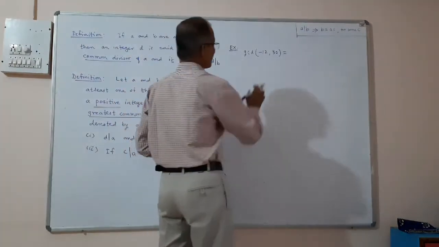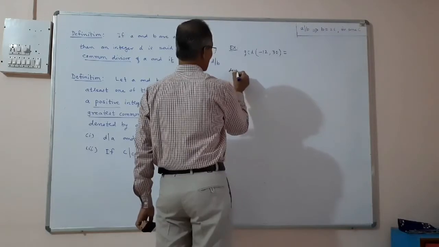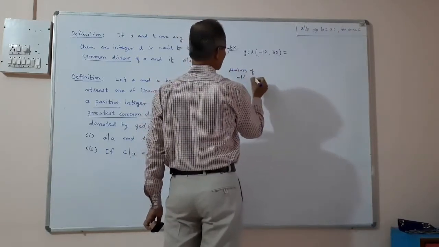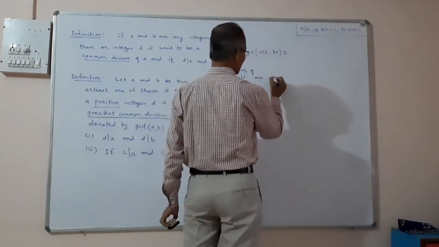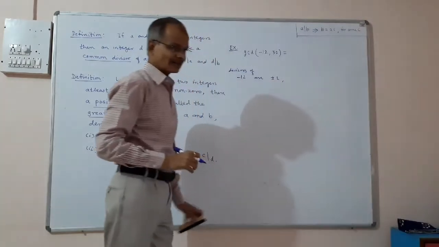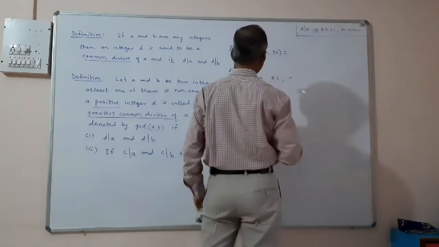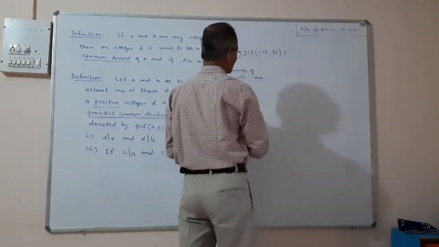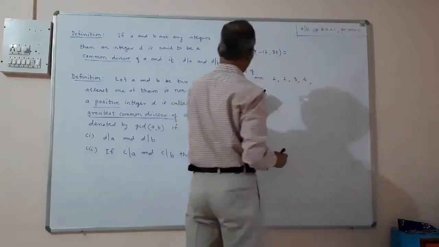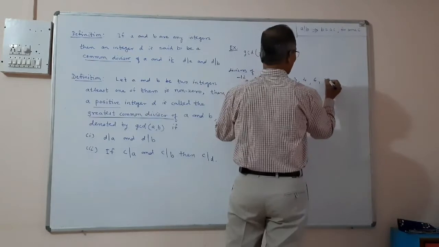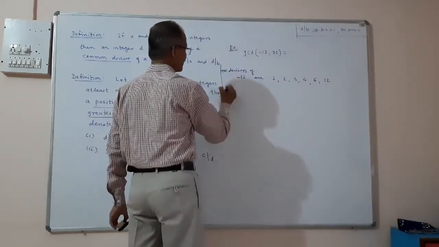Divisors of minus 12 are plus minus 1; if 1 is a divisor, then its negative is also a divisor. So we only consider positive divisors. Positive divisors of this are 1, 2, 3, 4, 6, and 12 itself.